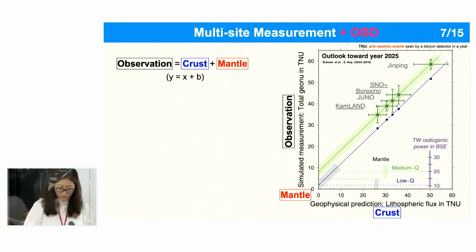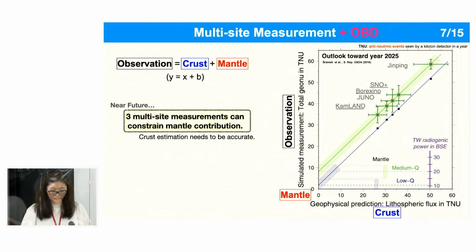Together with other experiments, we can do this kind of analysis. Currently KamLAND is measuring, Borexino stopped last year, and as we saw yesterday, SNO+ is taking data, so the three-place multi-site measurement can constrain the mantle contribution with this kind of combined analysis.